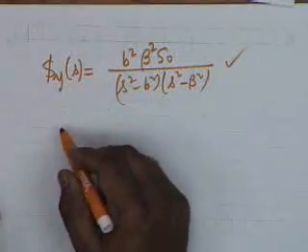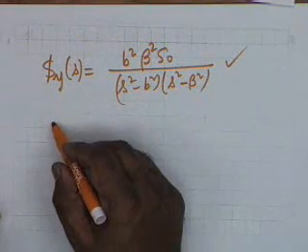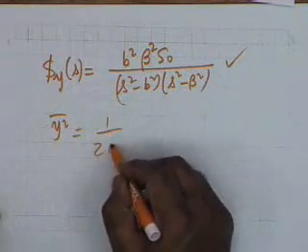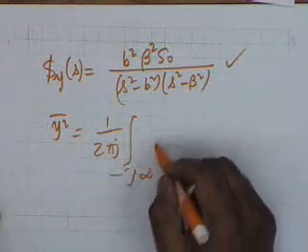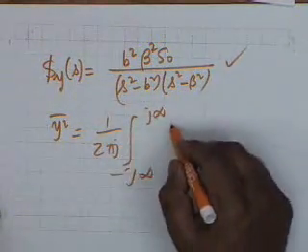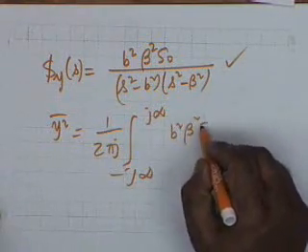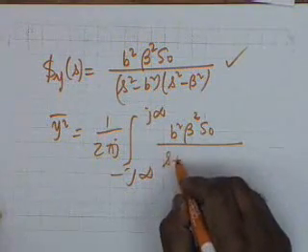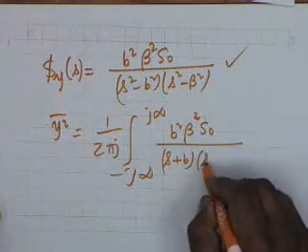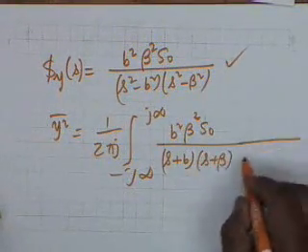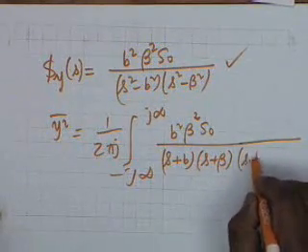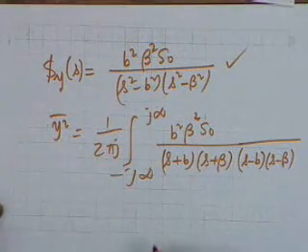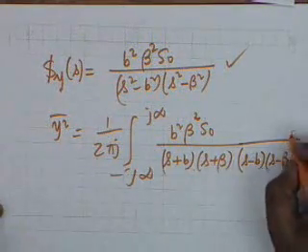Now if I integrate this, that is if I take y squared bar as 1 by 2 pi j, integral from minus j infinity to plus j infinity of b squared beta squared S naught divided by, let us write this clearly, (s plus b)(s plus beta)(s minus b)(s minus beta), multiplied by ds.